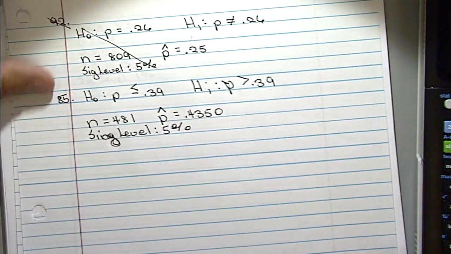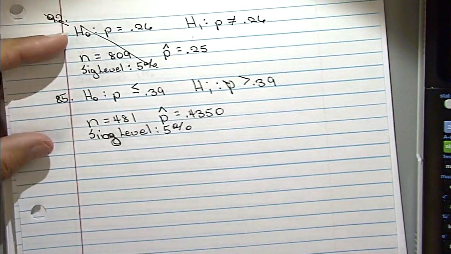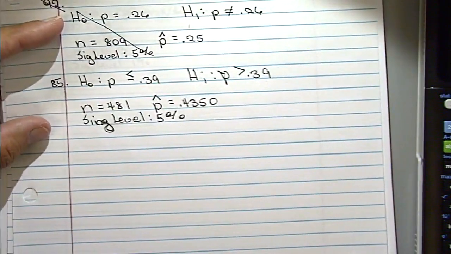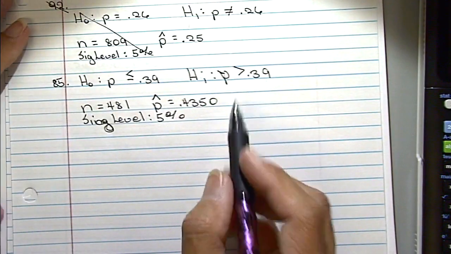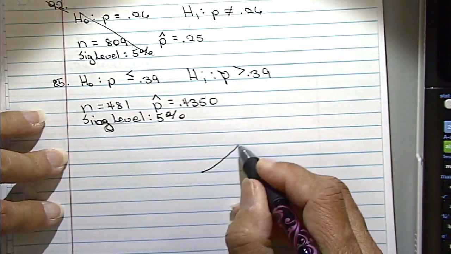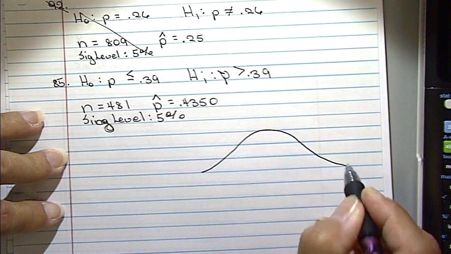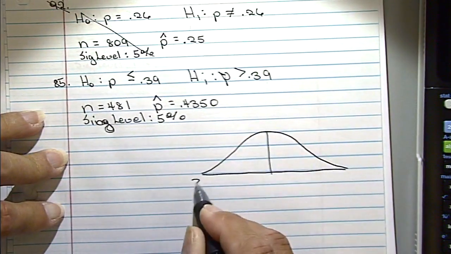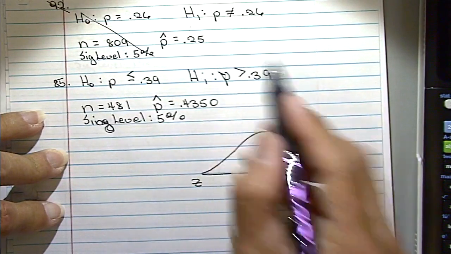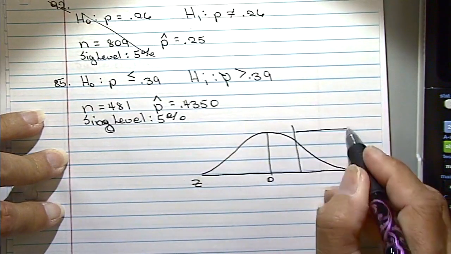For this particular one, the first thing I have to do is say, well, they already gave me my hypothesis, so this is my test. I know it's a z-test because it's a proportion problem, and proportion problems are all z-tests. And I know my rejection region is over here in the right tail.